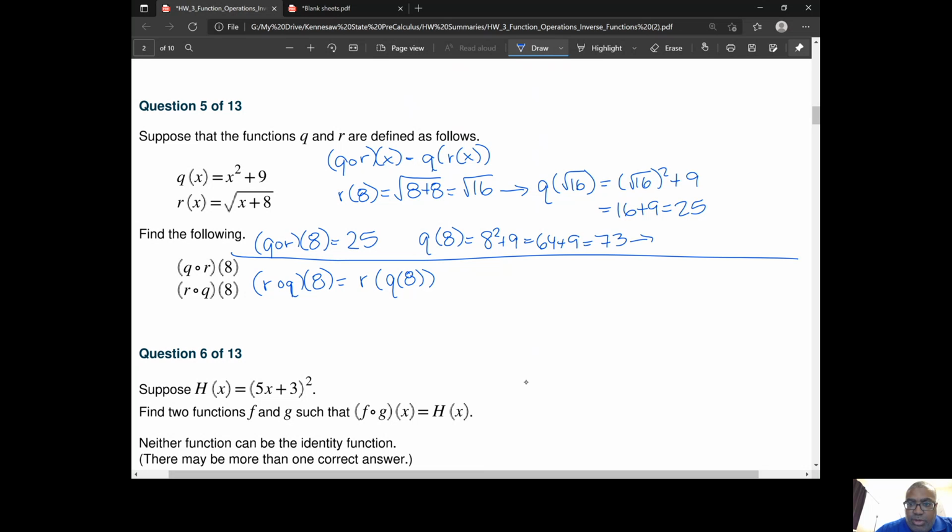And then we put that into R. So R of 73 is equal to square root of 73 plus 8, which is square root of 81, which is equal to 9. So R of Q of 8 is equal to 9.